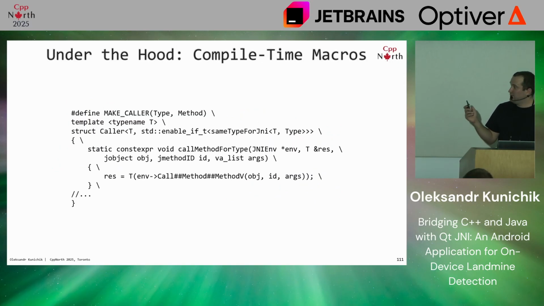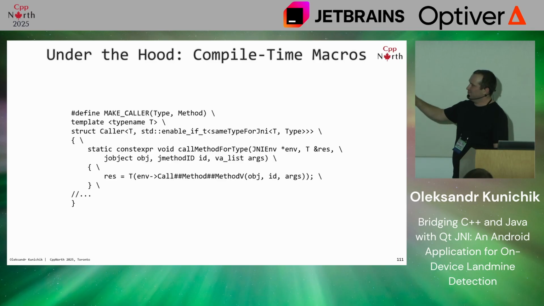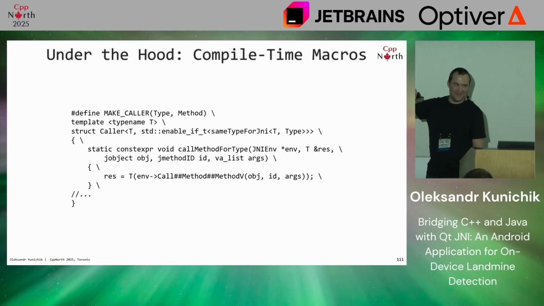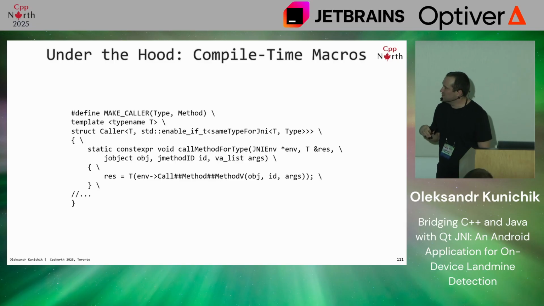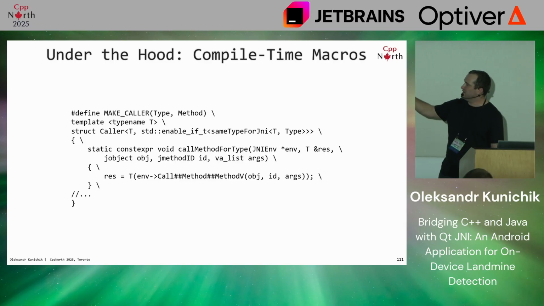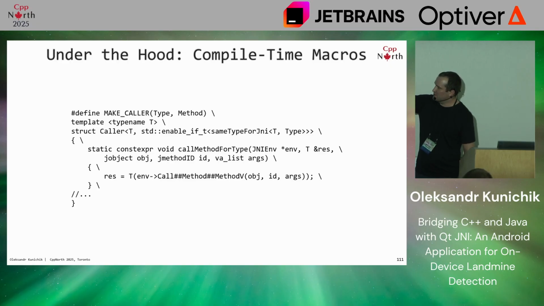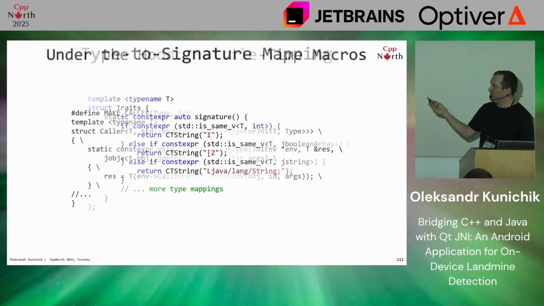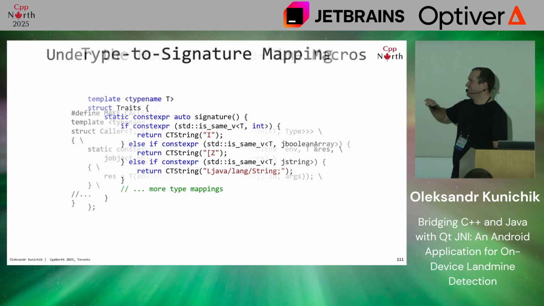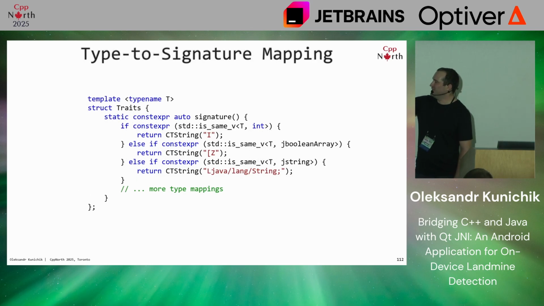Under the hood, it works with interesting patterns like templates with macros, and it works pretty well. When we send the name of the type, we just put it into the name of the call function and call it. And vice versa, we use a different trick for primitive types.